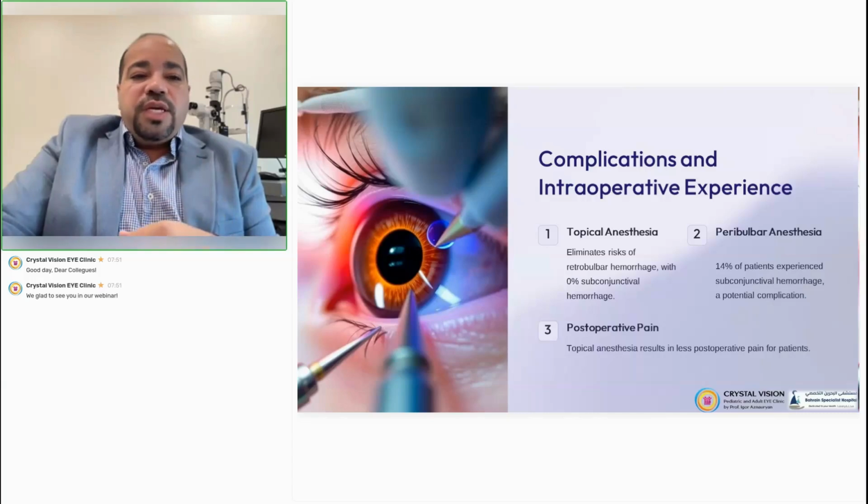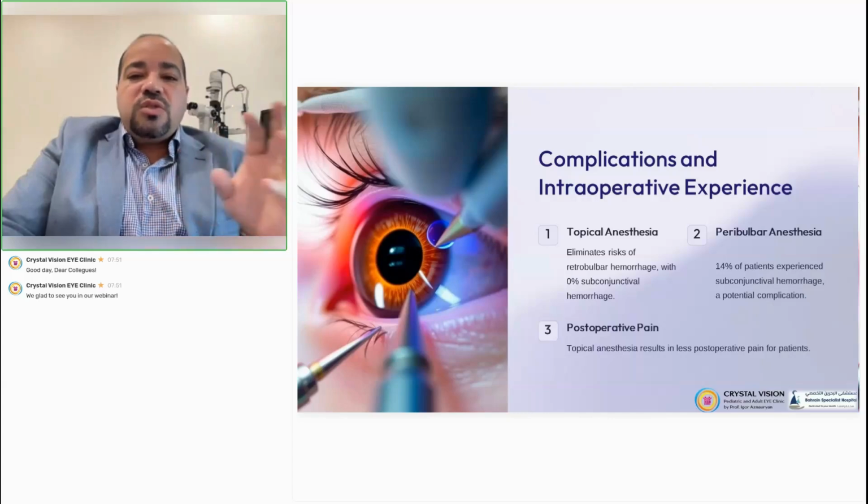What about complications? From the beginning, one of the main reasons we prefer topical anesthesia over local anesthesia is complications, because topical anesthesia eliminates all complications related to the anesthesia, especially subconjunctival hemorrhage.